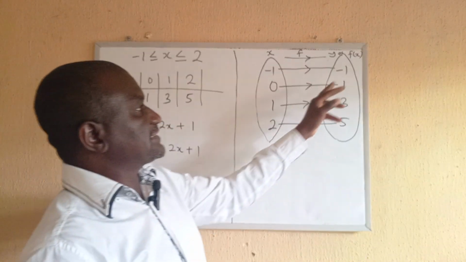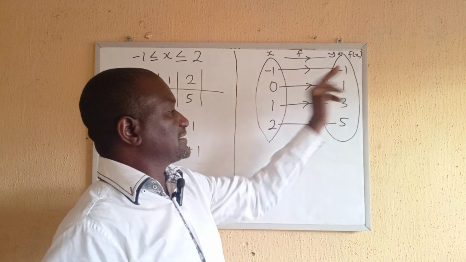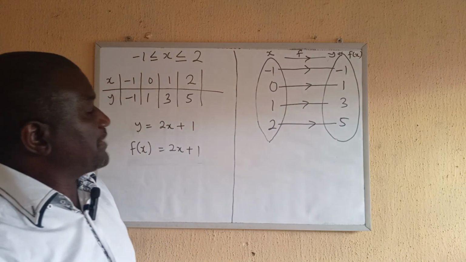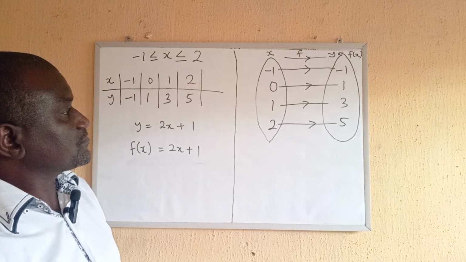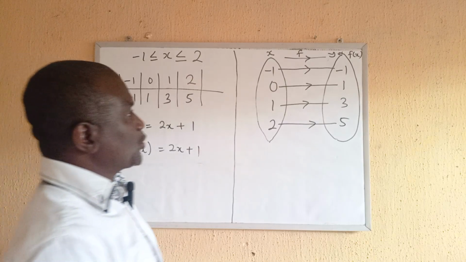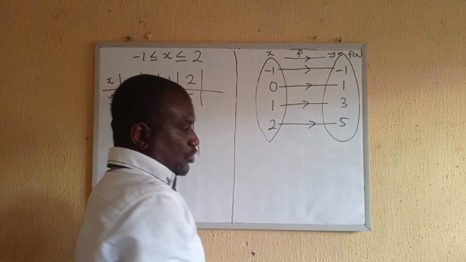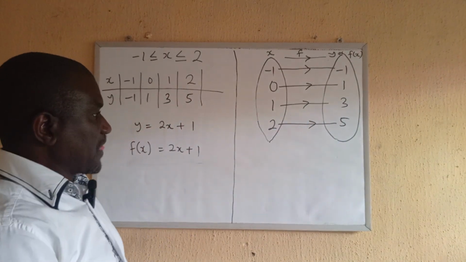So if you look at this, why we say it is one-to-one, because every element in the domain has one element in the codomain, and it is onto because the range is equal to the codomain.